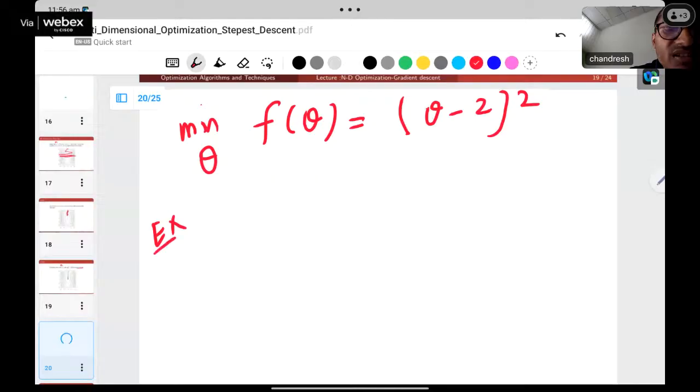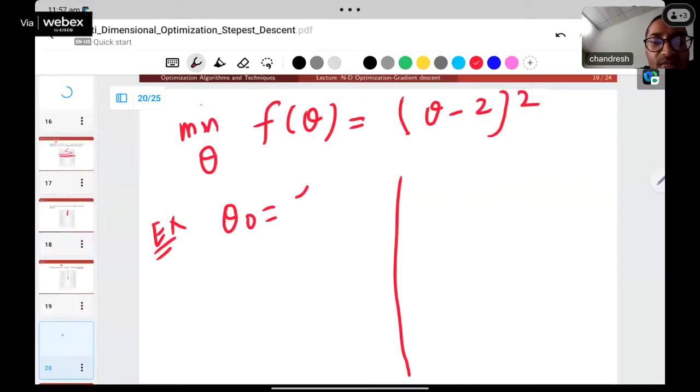Given this function, optimize it using gradient descent and compare your value using direct optimization, because this is a quadratic function. You can optimize this directly using calculus, right? But what you do is optimize using gradient descent, taking the initial value of theta as 1, and run the gradient descent for 5 iterations.